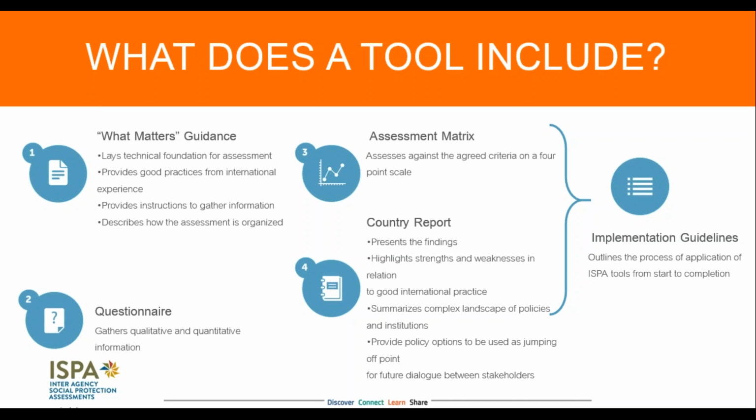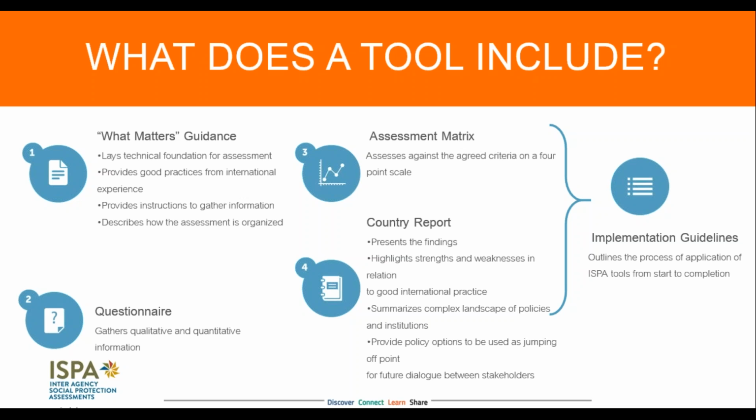So in social protection payments, we've looked at a number of innovative practices from around the world, drawing out what the technical foundations of those interventions have been, trying to distill from that some instructions which will allow the user of the tools to gather further information. And it also describes how the assessment is going to be organized. So the What Matters guidance note is really the kernel, the core of the tool.